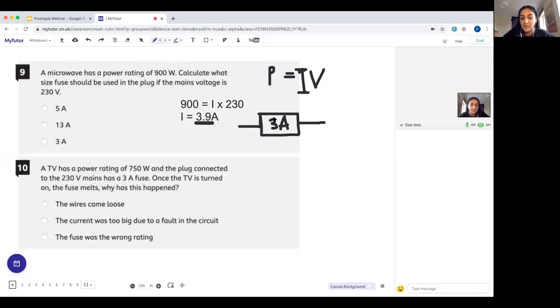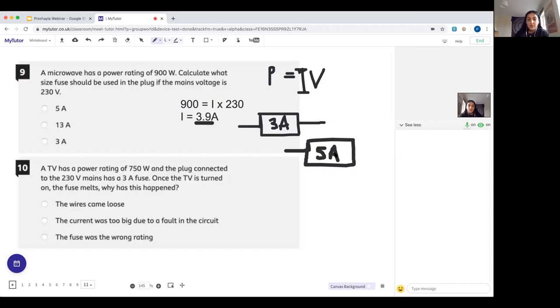So we need to have a fuse that is bigger than our current, but not so big that it's not going to do anything if the current gets too big. So 5 amps in this example would be perfect. So we want a fuse of 5 amps for this circuit.